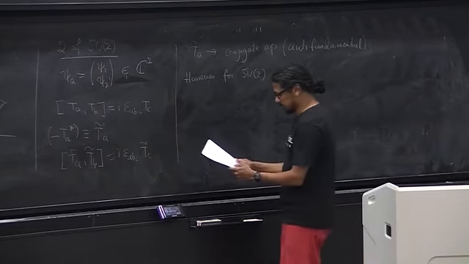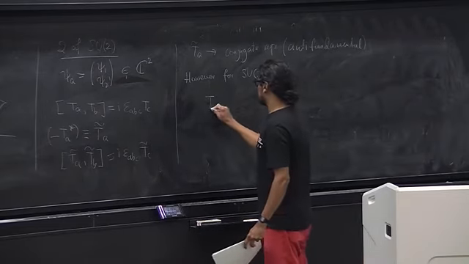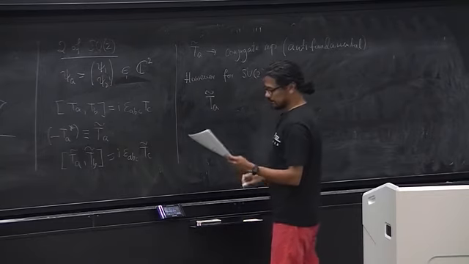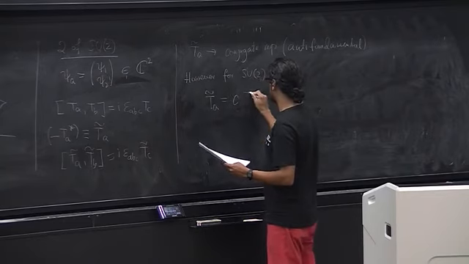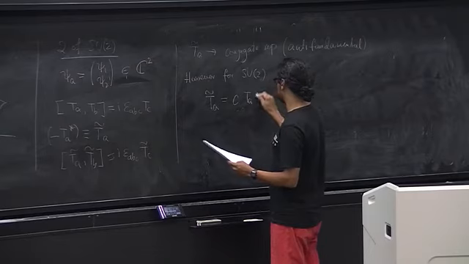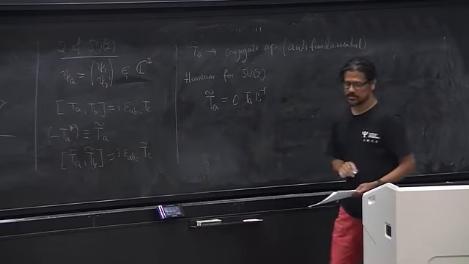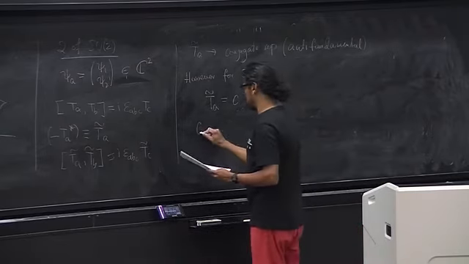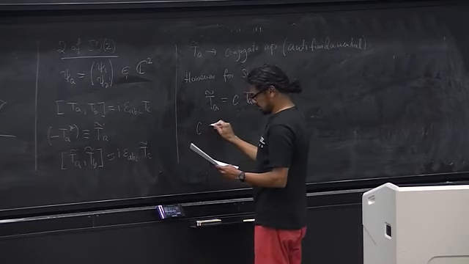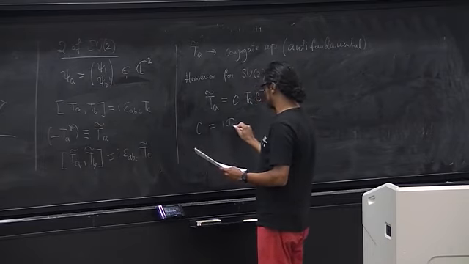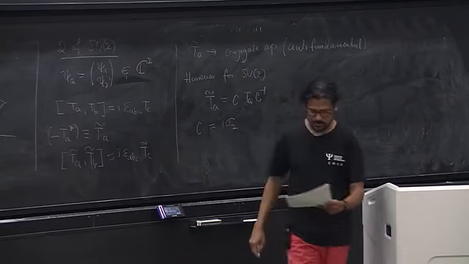However, there's bad news. It turns out for SU2, the fundamental representation is related to the anti-fundamental representation through a similarity transformation. And you can verify where C is i times sigma 2, where sigma is a Pauli matrix.